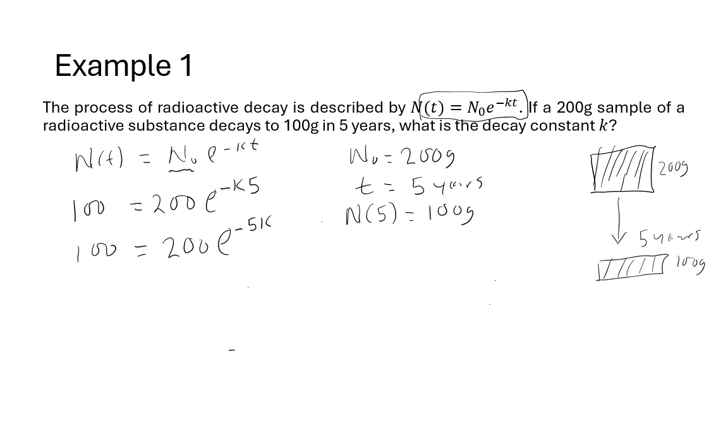So after I write it like this, the next step is I want to find this k. So let's get 200 out of here. We divide both sides by 200.